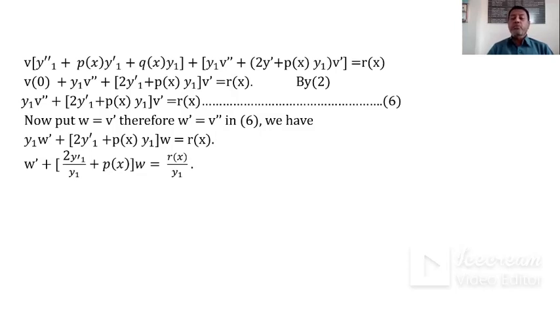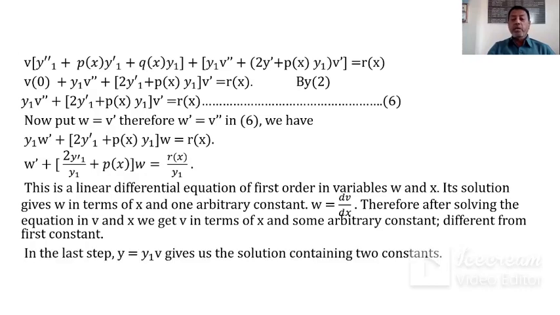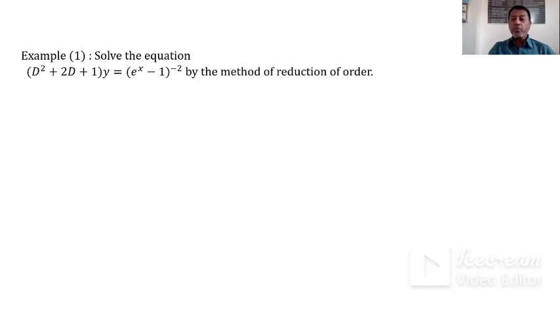Again, solving this, we obtain a relation between v and x. And in this relation, we substitute v by y upon y1. Then we obtain the general solution of the given differential equation by the method of reduction of order. We have seen this in the last lecture. Now we will see the examples based on this.